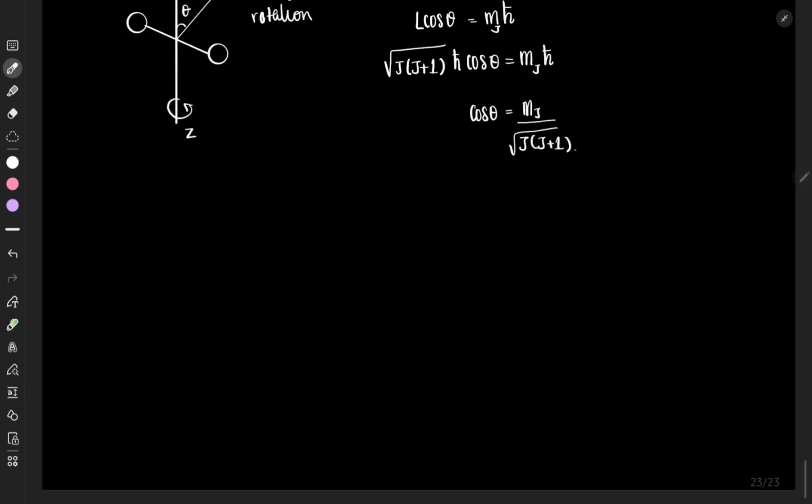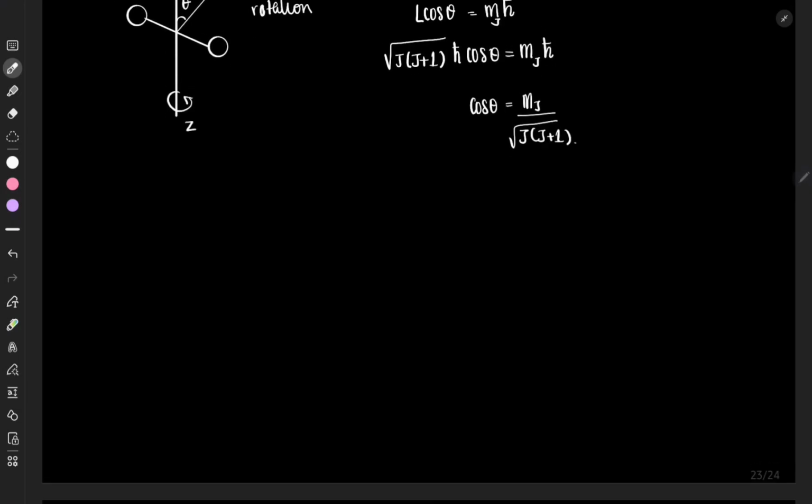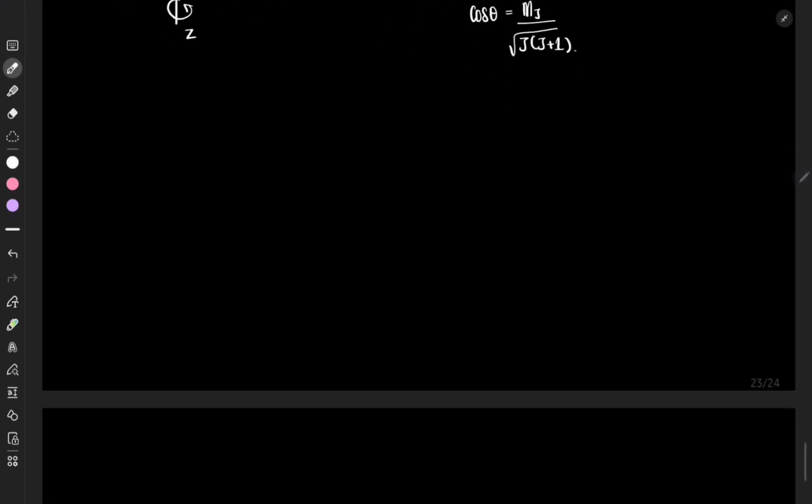So let's take an example. We'll take the case where J is equal to 1. If J is equal to 1, L is root of J into J plus 1 times h cross, which is equal to root 2 h cross. E is L squared by 2I, so h cross squared times 2 divided by 2I.